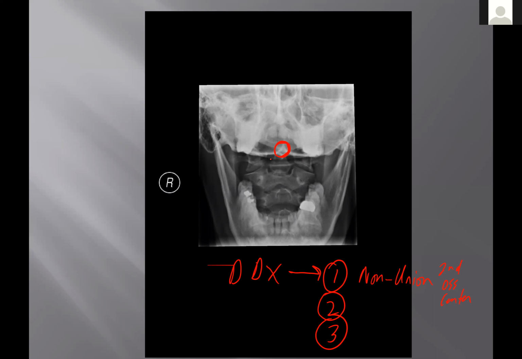Os odontoideum. Right. So I think you have to be thinking that. I admit that is usually a small ossicle, and this is kind of a pretty big deal here, but what else?